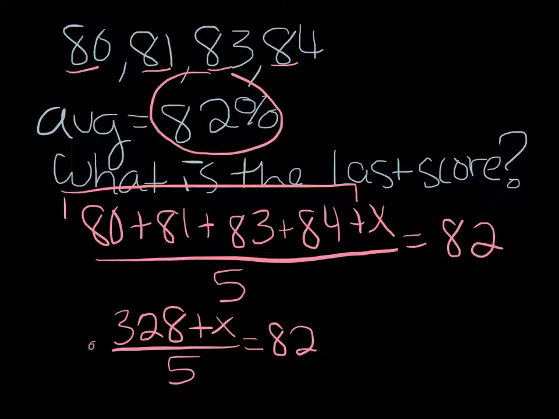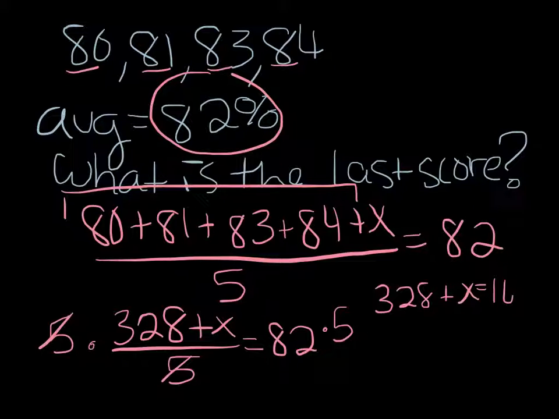We're going to multiply by 5 to get rid of this one on the bottom. So we get 328 plus x equals, oops, that is wrong. It should be 410.